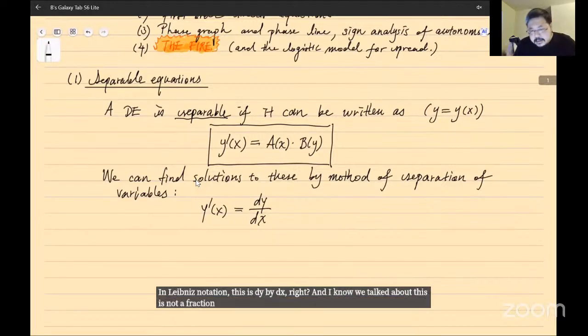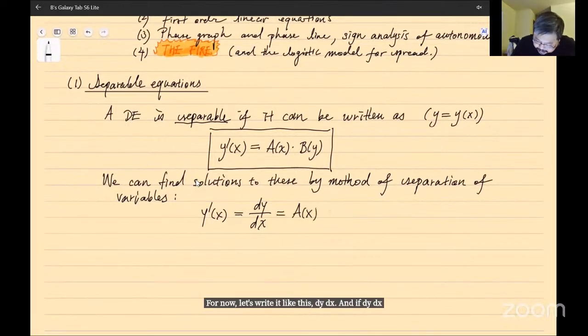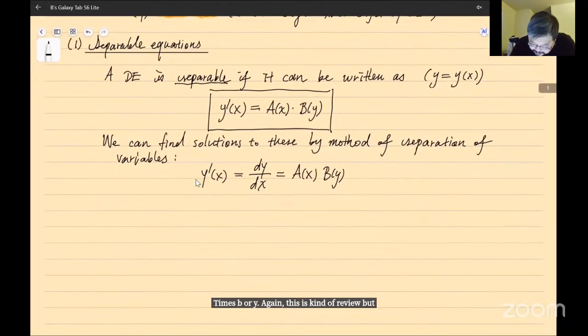And I know we talked about this is not a fraction. But really, dy and dx themselves later will be some gadget called a differential form. That is a thing that can be put into an integral. Its job is to be integrated. For now, let's write it like this, dy dx. And if dy dx is equal to a of x times b of y, again, this is kind of review, what we can do is cross multiply to move all the y's and all the x's on the same side.